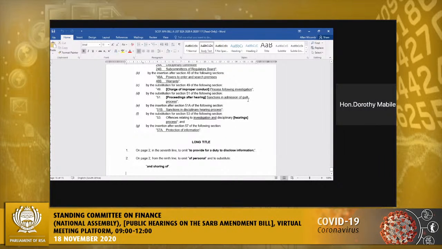The long title on page 2 in the 7th line, to omit "to provide for a duty to disclose information". On page 2, from the 9th line, to omit "of personal" and to substitute "and sharing of". Agreed. And then what next?